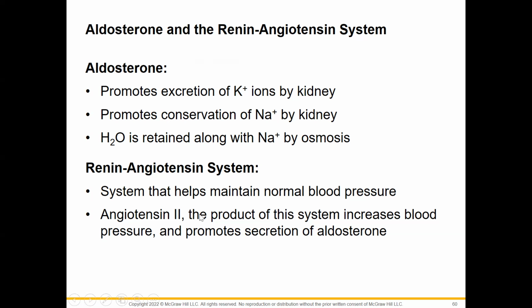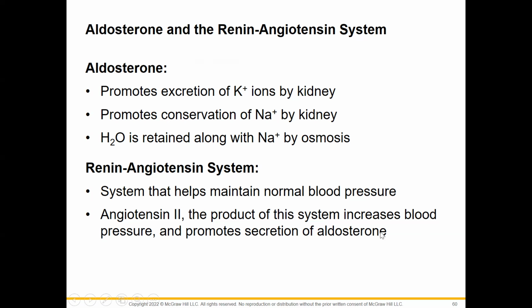Angiotensin 2 is the product of this system that increases blood pressure and promotes the secretion of aldosterone. When angiotensin 2 is secreted, it will promote more secretion of aldosterone by the adrenal cortex.